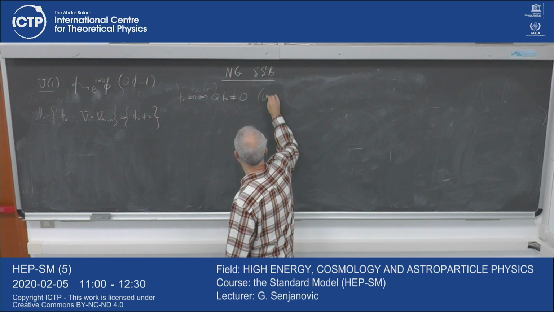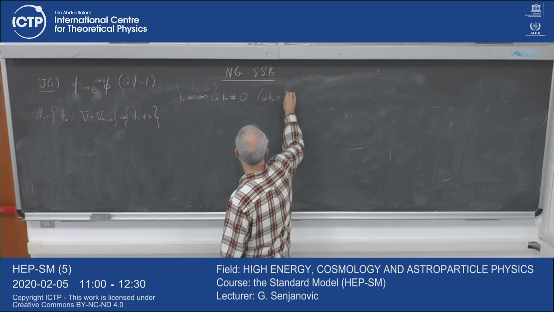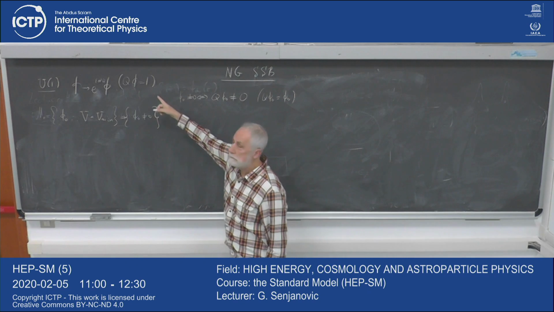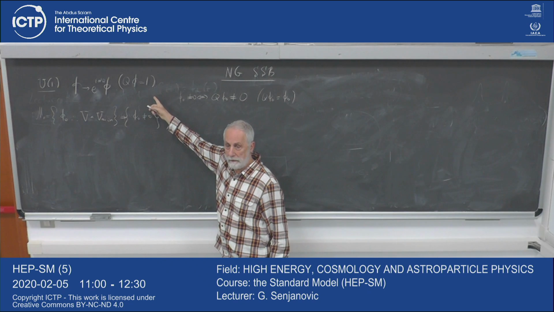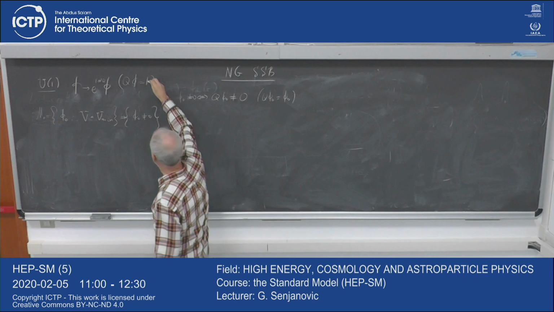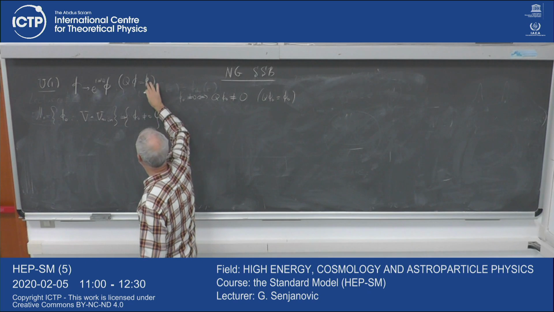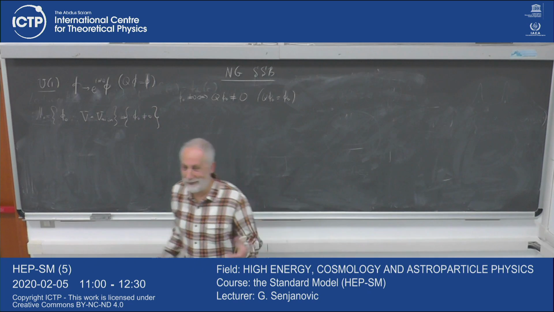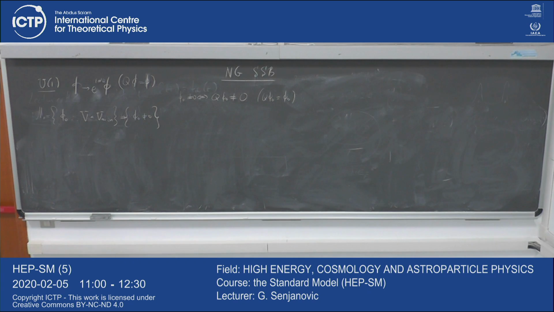Because Q phi 0 will be phi 0 if it is not 0. Every phi has to satisfy this, right? Q phi is equal to phi everywhere. I'm sorry.